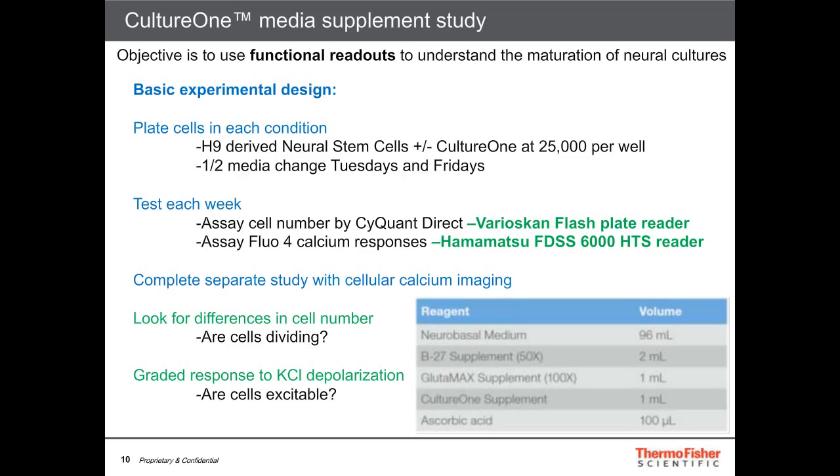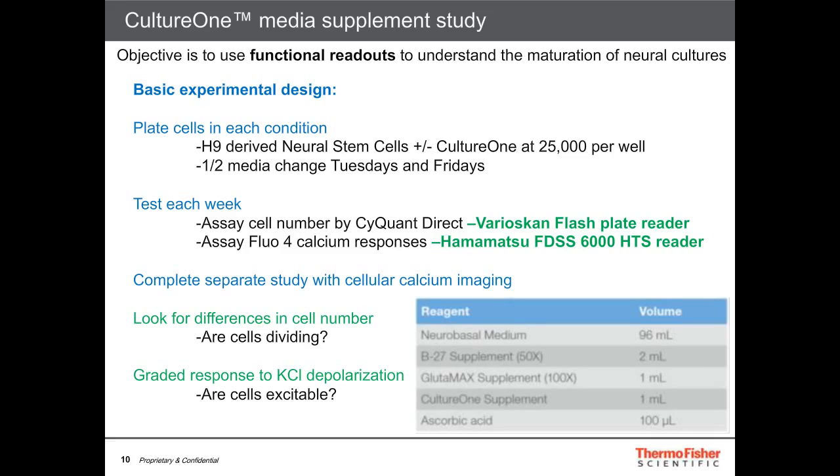The design of the experiment here is to plate the cells just very simply with and without the reagent, CultureOne, at a fixed density. And then each week I'm going to do 2 tests. One test of the excitability. I'm going to index the excitability by the cell's response to potassium depolarization. I'll have some more detail on that. And then I also want to look at the cell numbers that are in each well to ask what the status of the proliferation is and relative numbers of cells, and more importantly, something that I can index the calcium responses to.